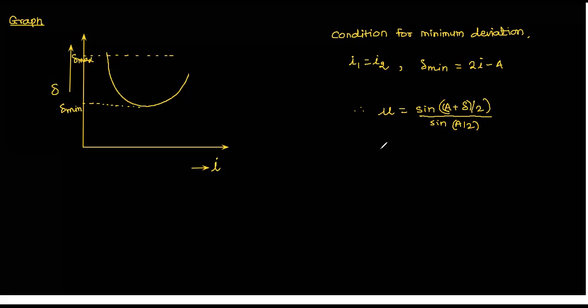Next one, condition for maximum deviation. What is the condition for maximum deviation? This is very important. We can keep this into the box and let's move ahead. When will we get maximum deviation?